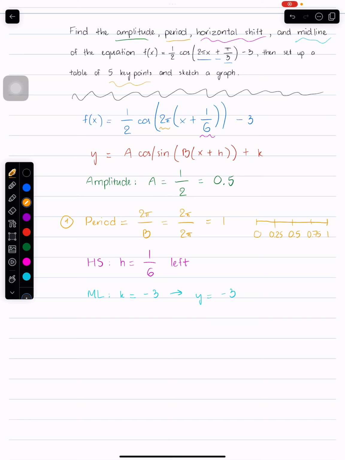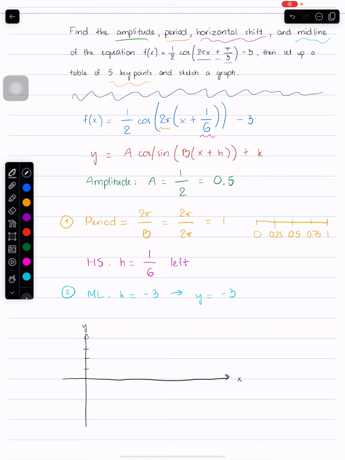Let me go back to the XY coordinate. So this is my Y axis, and this is my X axis. Now I want you to sketch the midline. The midline is at the level of y equals -3.